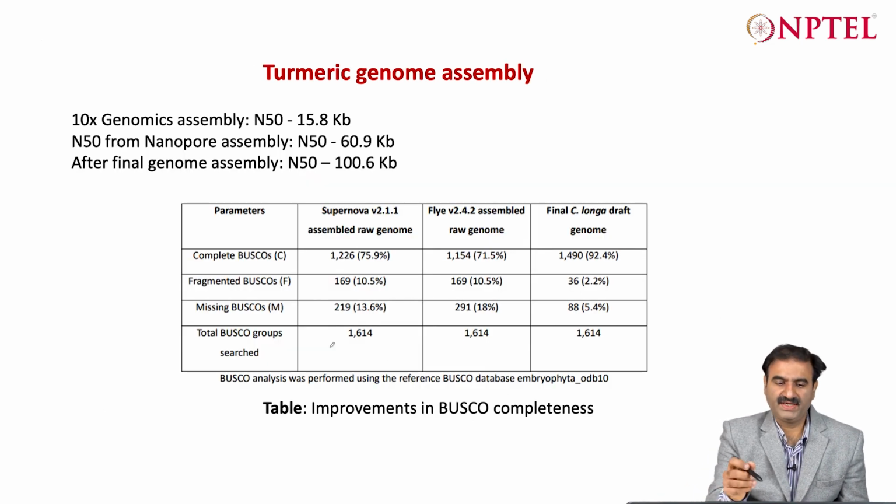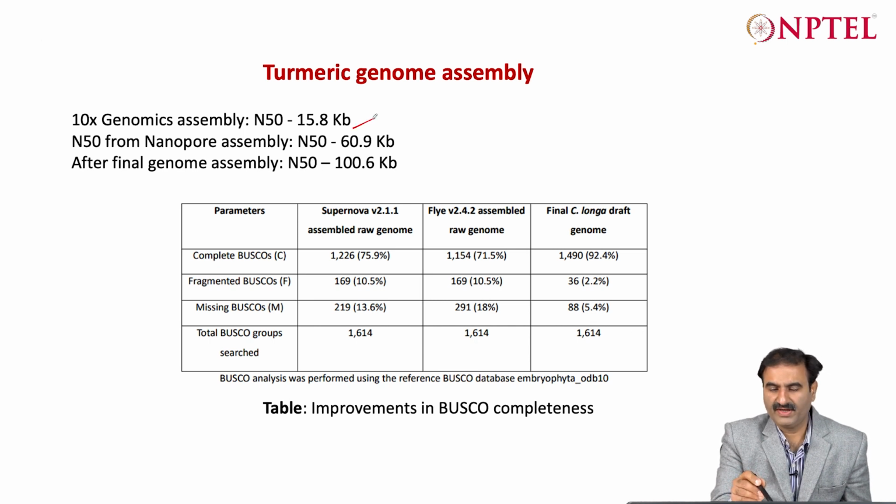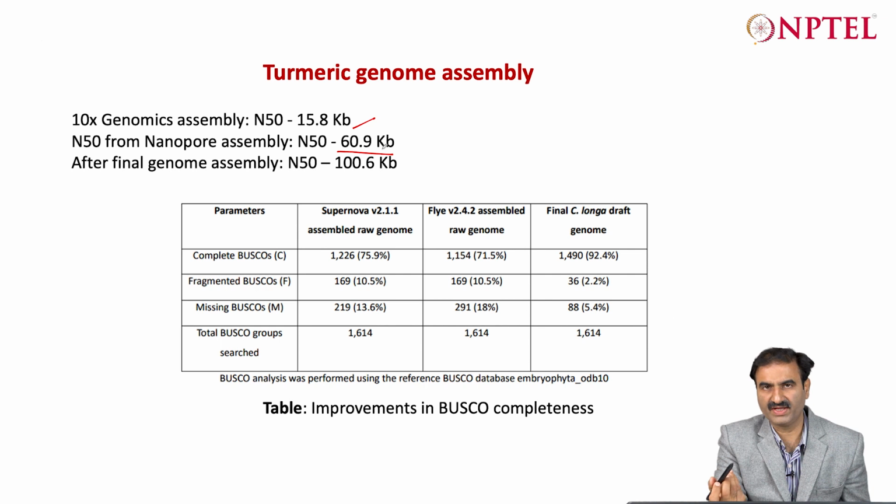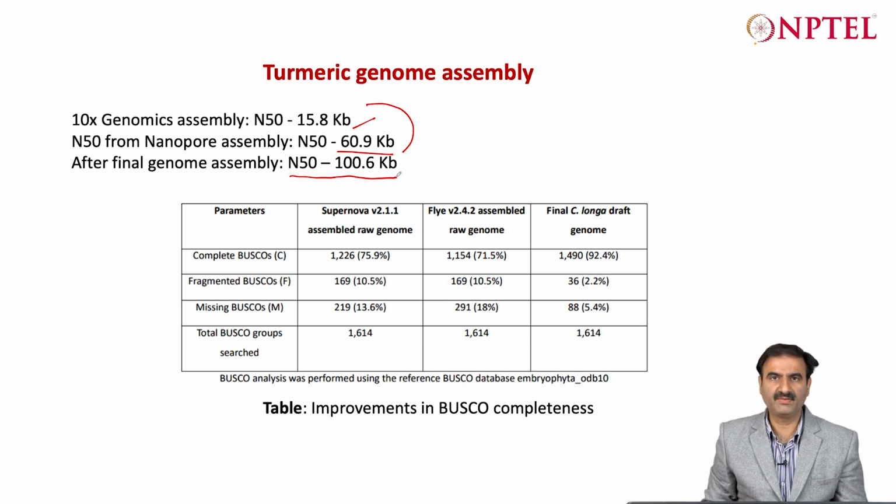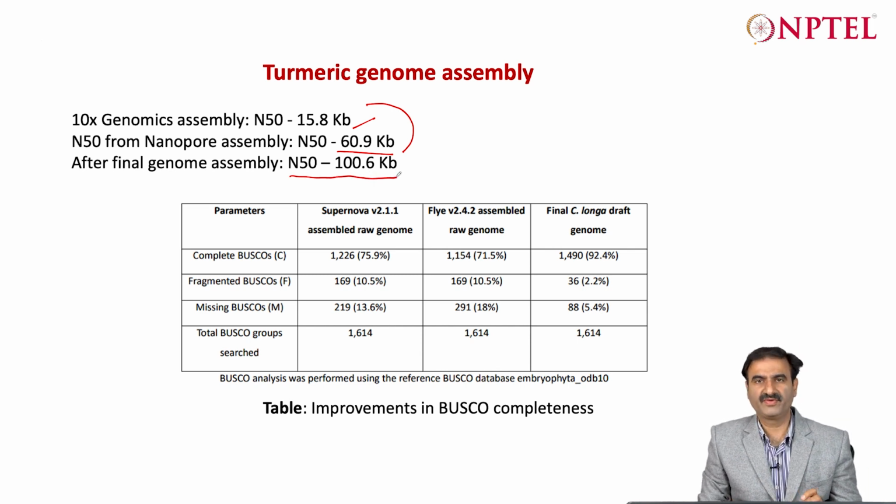When only the 10x Genomics reads were used, it led to a genome assembly N50 of 15 kb. With only long reads, the nanopore assembly N50 was 60.9 kb, or 61 kb. But when the two were combined, in the hybrid assembly, the final N50 achieved was 100 kb. That means combining the two approaches helps by increasing the BUSCO score.